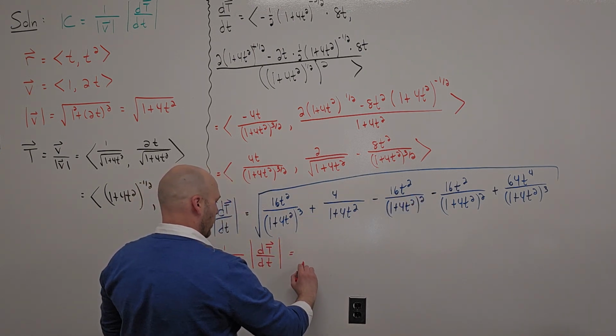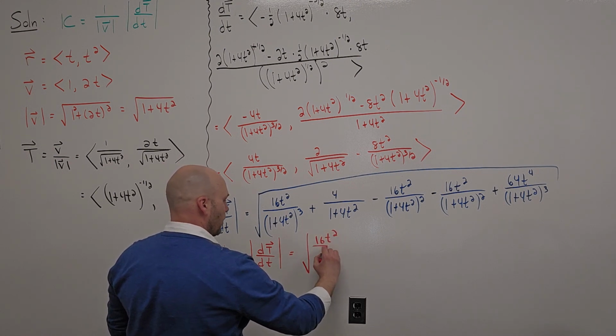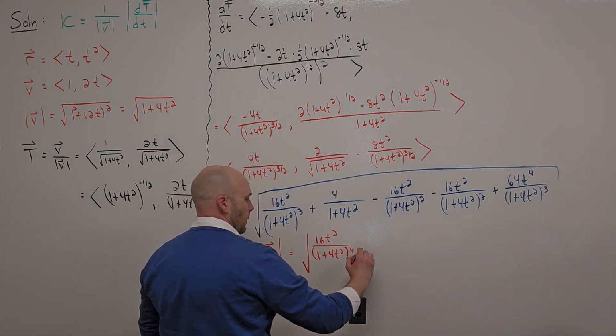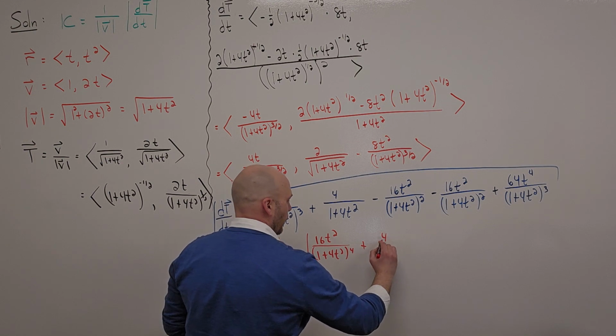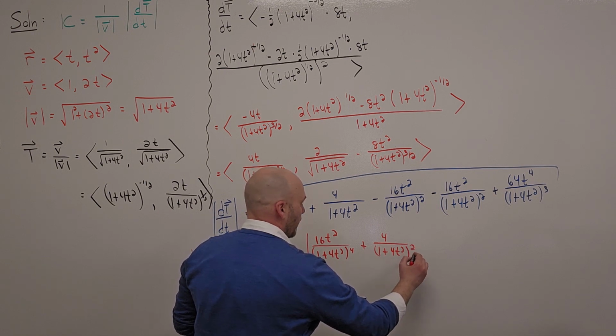So this would be the square root of 16t squared over 1 plus 4t squared to the 4th, plus 4 over 1 plus 4t squared, squared.